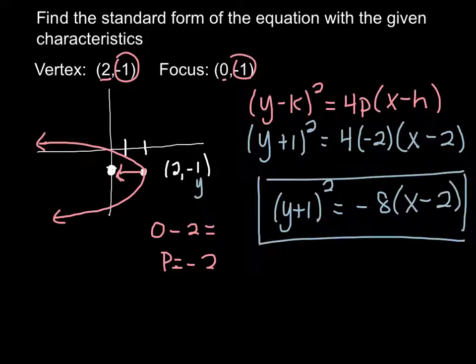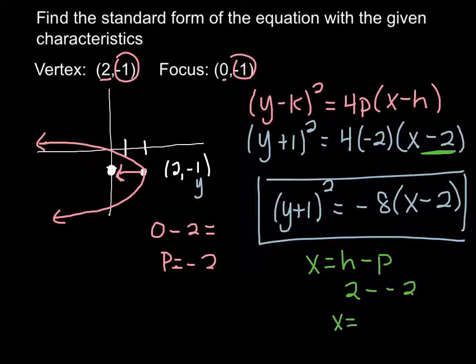Also, if I want to find the directrix, the equation for the directrix is x = h - p. Remember our h value is this right here. Our h value is 2, minus p, which is -2.